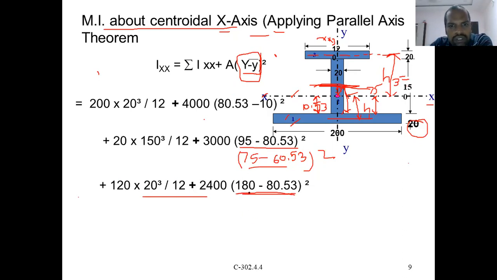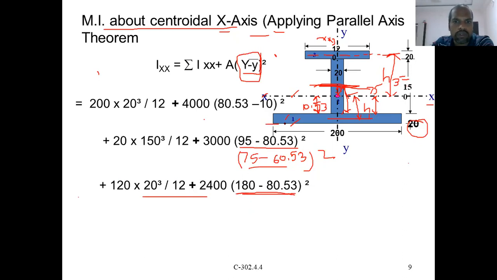Now let us see what we have written and what we are getting. Even if you calculate this one and this one, the difference is the same. It is 95 minus 80; you will get the same answer. Similarly, let us discuss what I have written here.